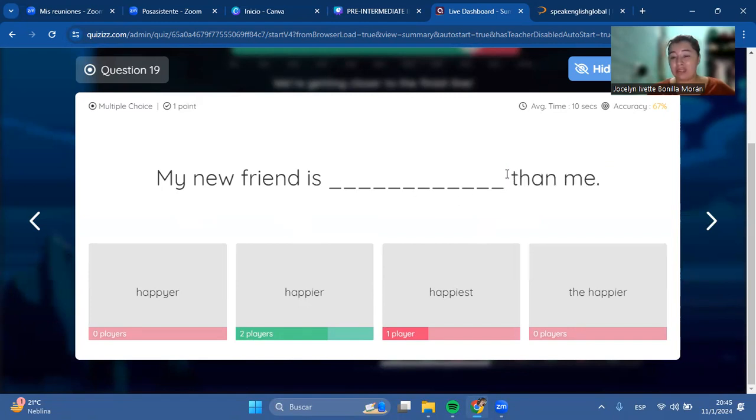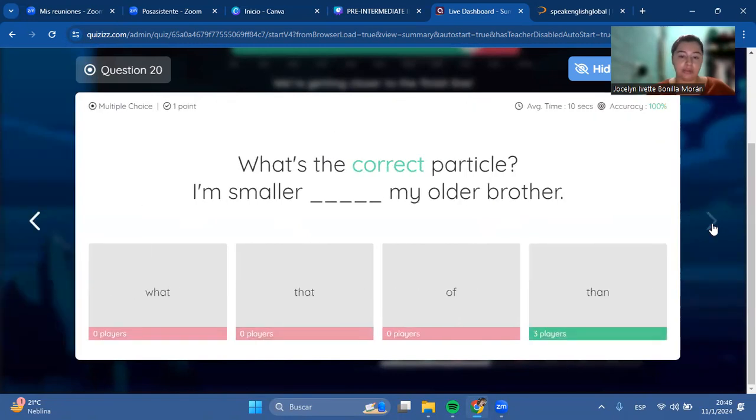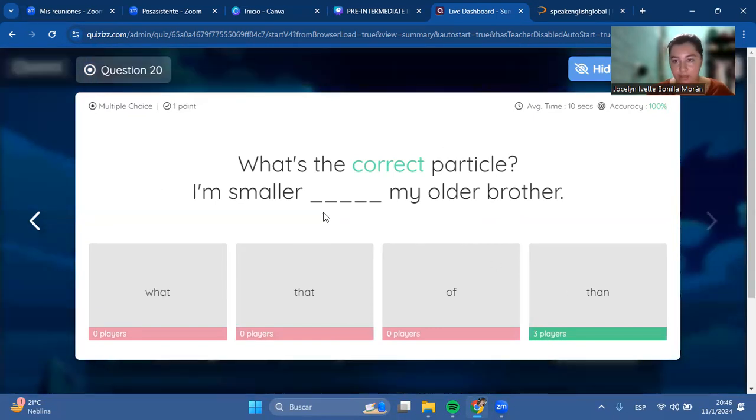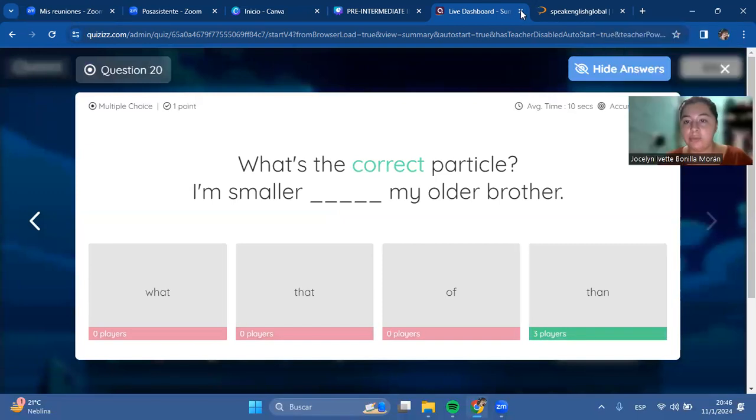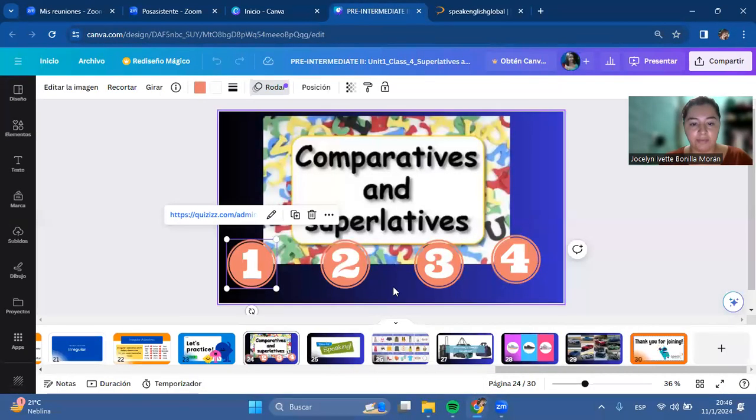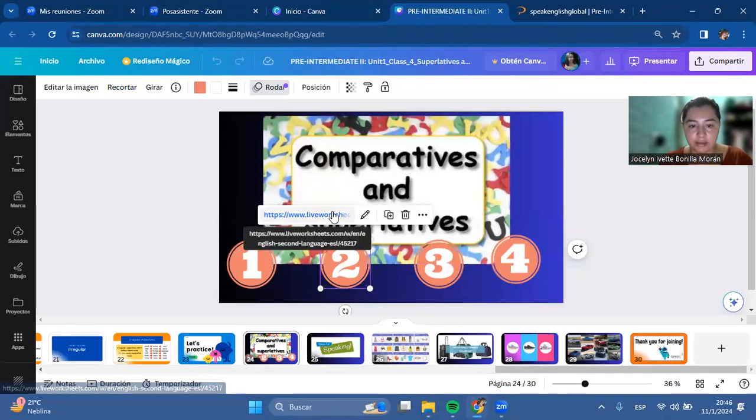But when you have this than, it means that you need to compare with another person. It says, what is the correct particle? I'm smaller than my older brother. Okay, good job. Maybe we need to just pay attention to brief details, okay?